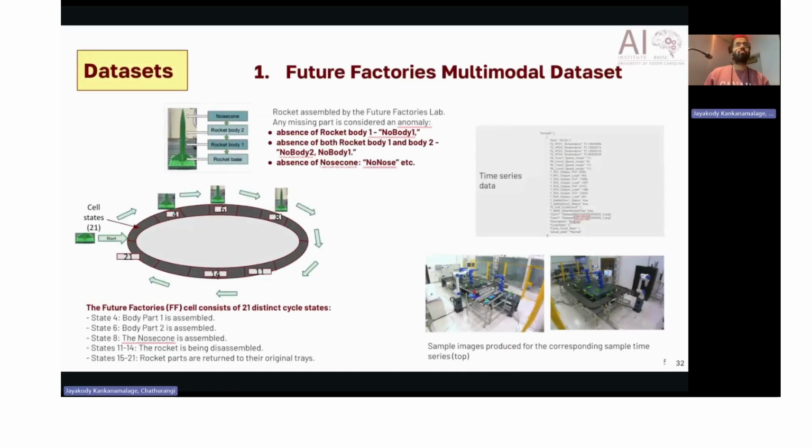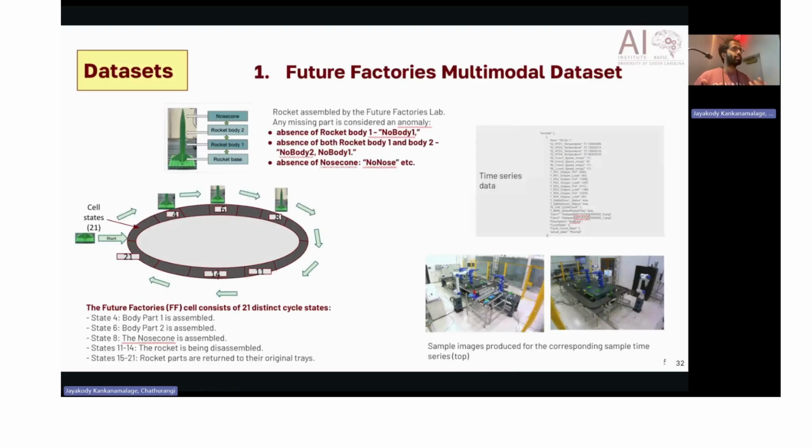So for this tutorial we will use the dataset from Future Factories. Future Factories is a lab in University of South Carolina, and the dataset that we are going to talk about is from that lab and consists of both time series and image data. So it's a multimodal dataset.